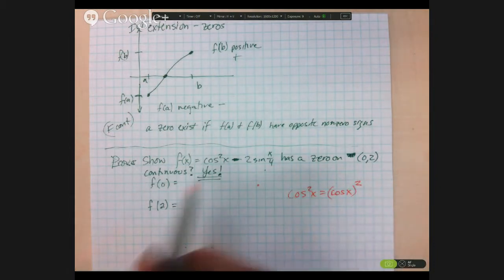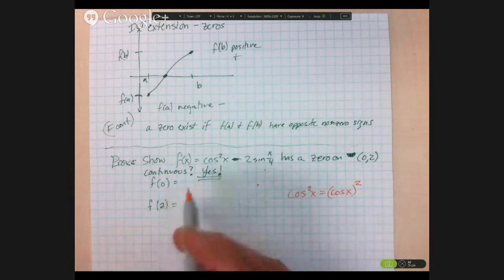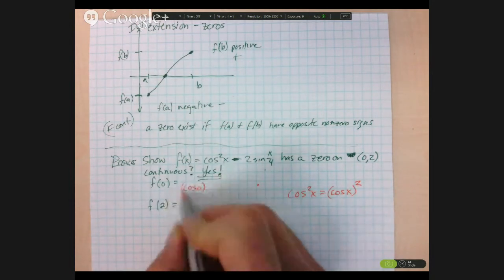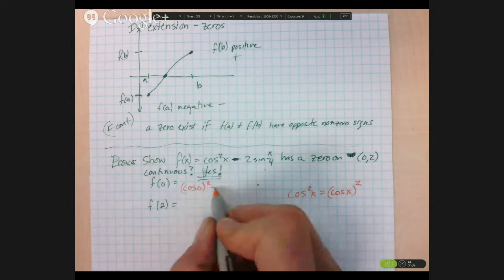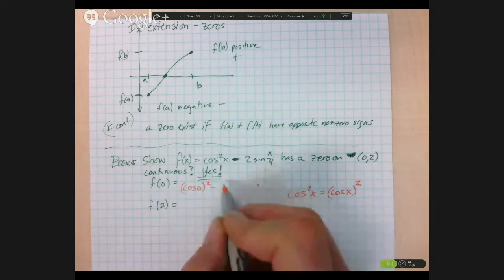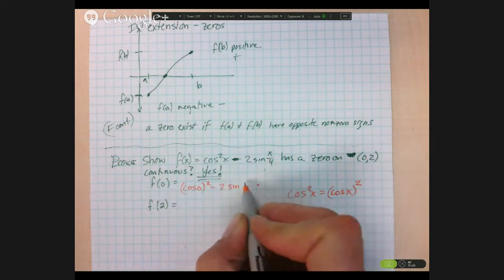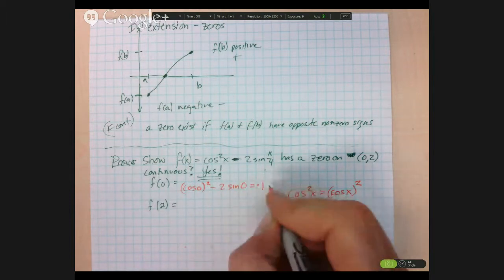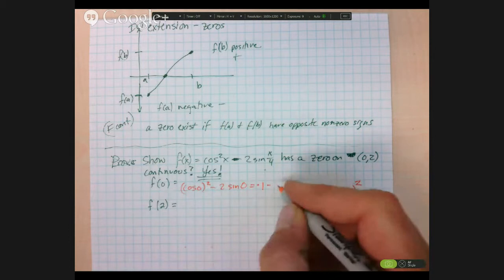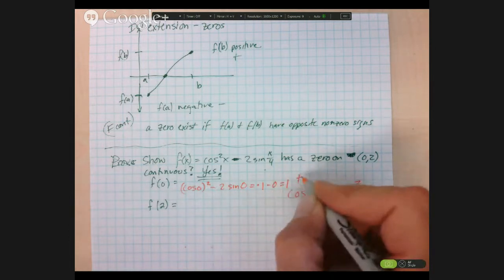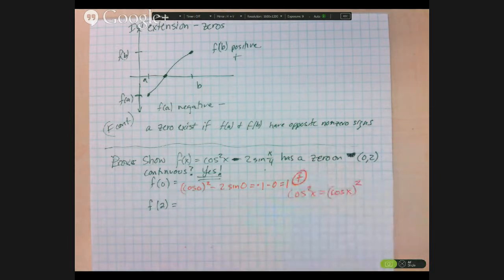So it's cosine at 0, which is 1, and sine of 0 is 0. So that's positive, right? That's what we need to know.